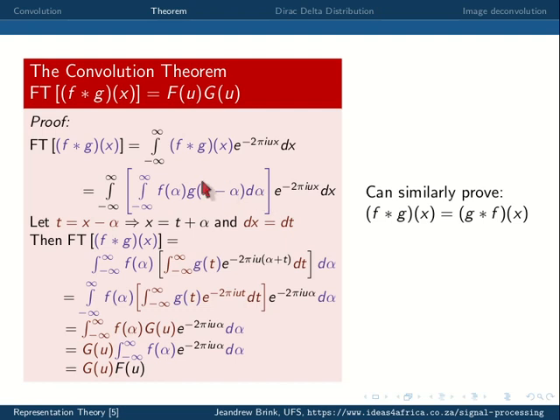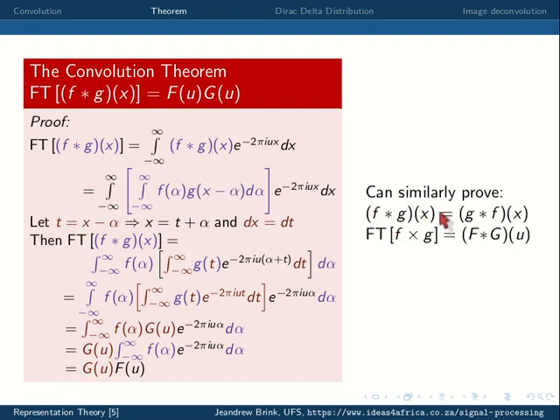Okay, and if you then do the change of variables, you're going to be able to switch this integral so that it looks exactly like g of some function times f of x minus that function. Right, so it's the same trick you're using to prove this.